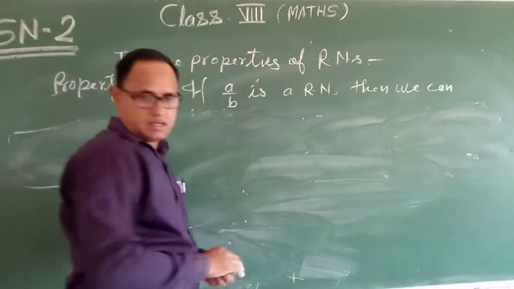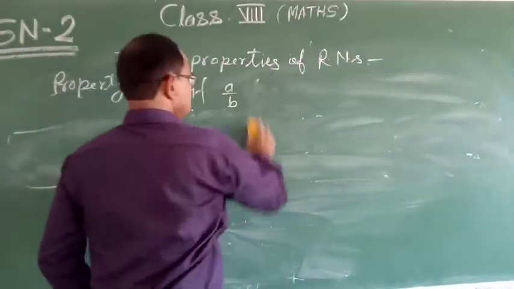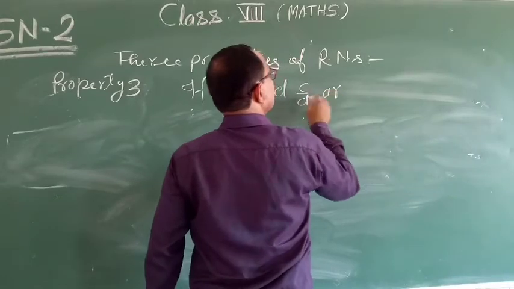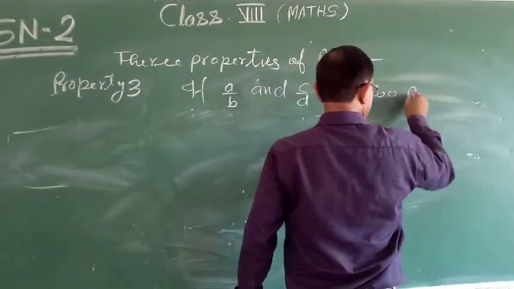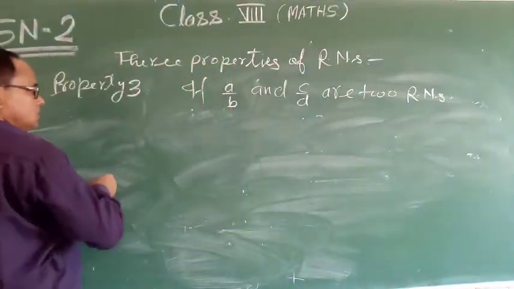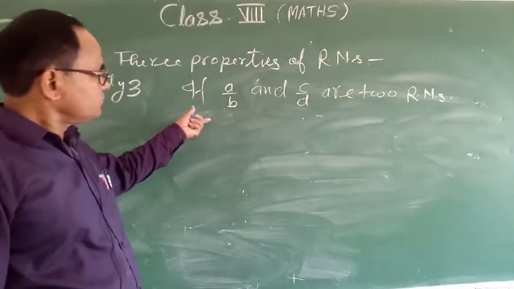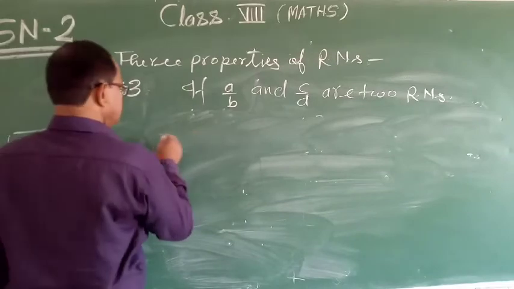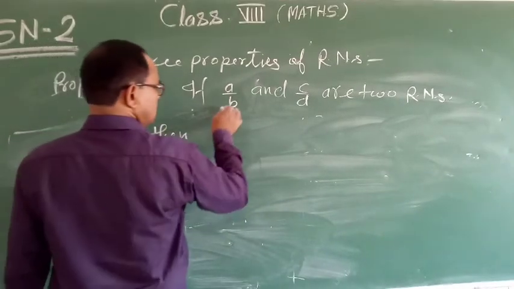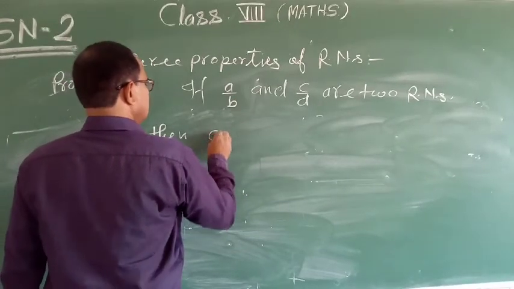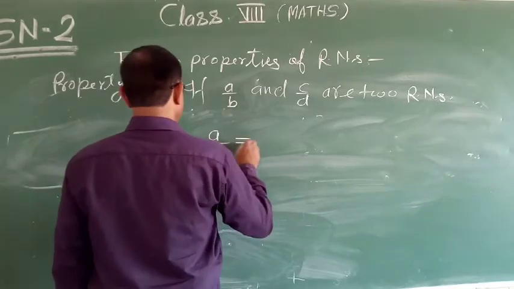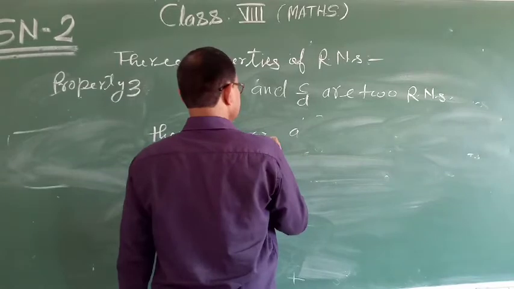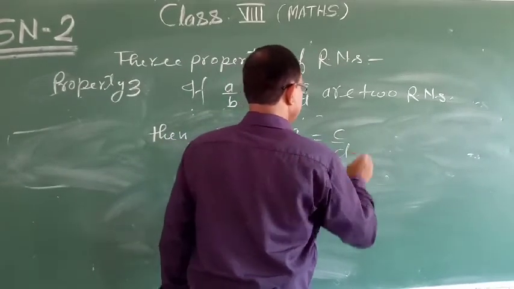If A by B and C by D are two rational numbers, then how can we show A by B is equal to C by D?